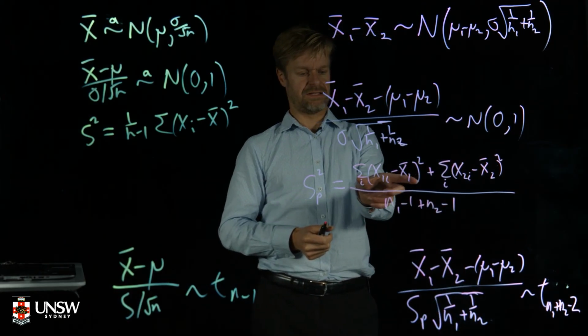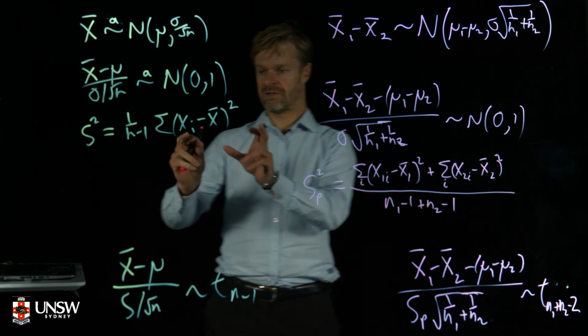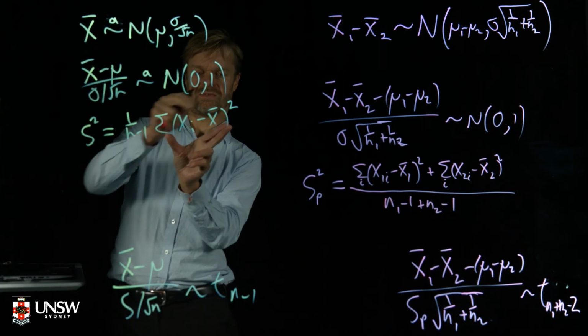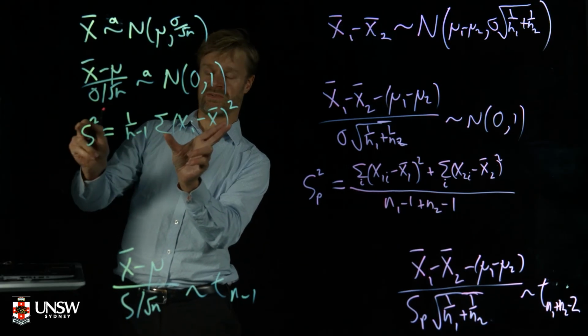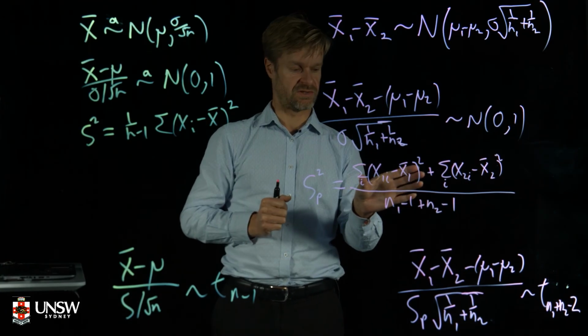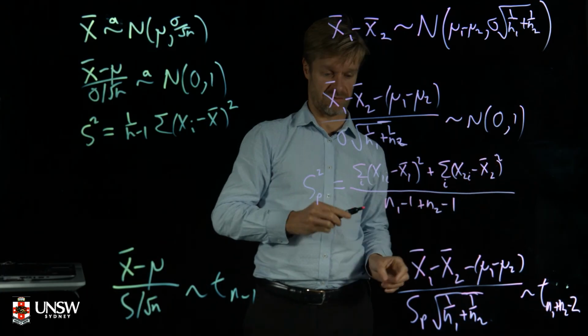Now, this you can think of as, okay, so because s squared has this form, you can think of the sum of squared deviations from the mean as s squared times n minus 1. So this here is s1 squared times n1 minus 1. This part here is s2 squared times n2 minus 1.